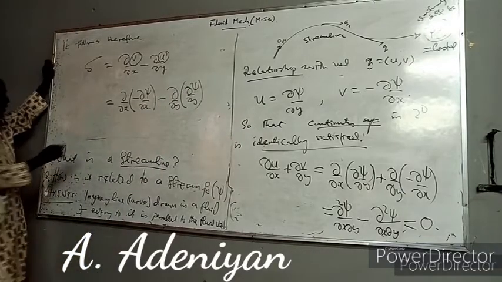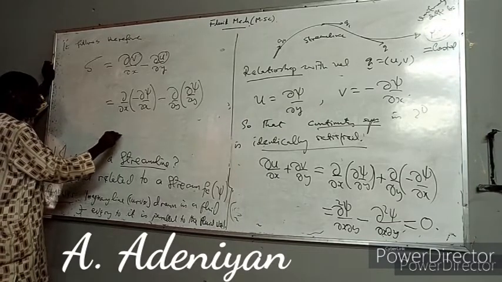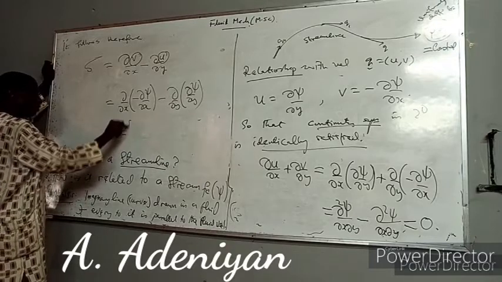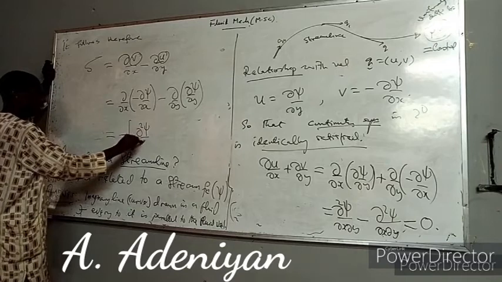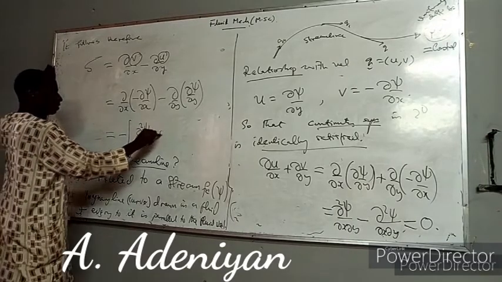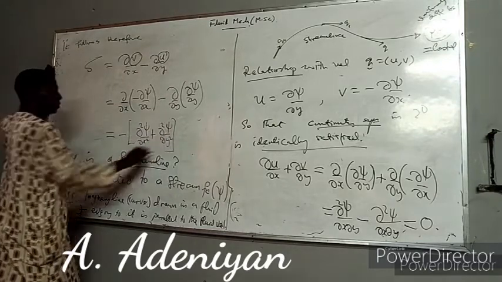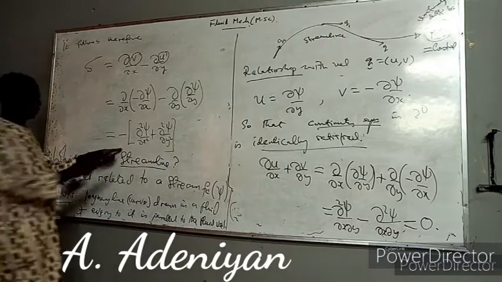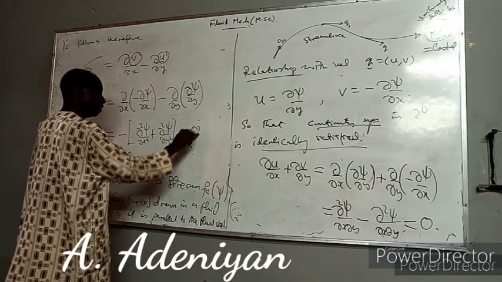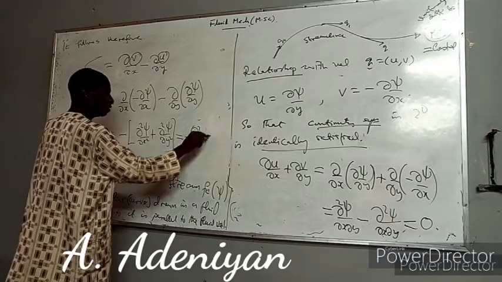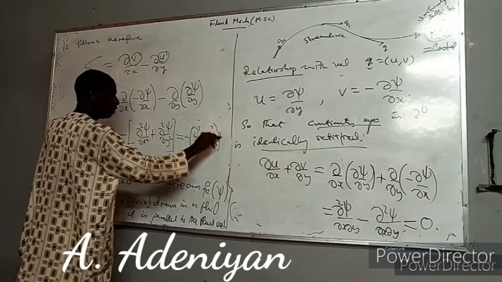Of course this can be interpreted as minus of ∂x squared plus ∂y squared of psi.